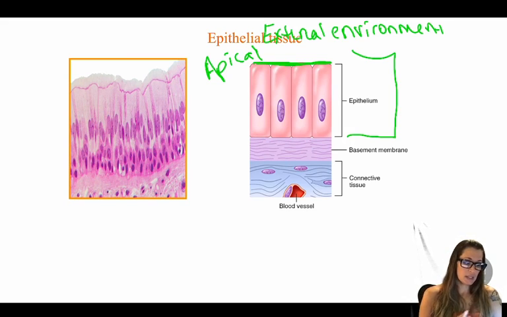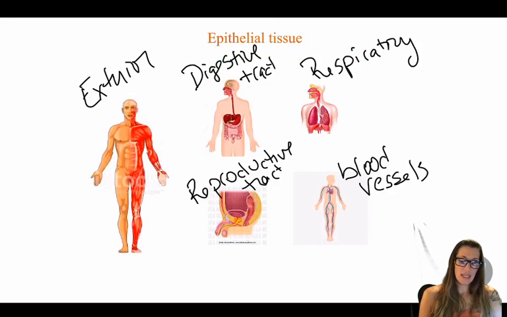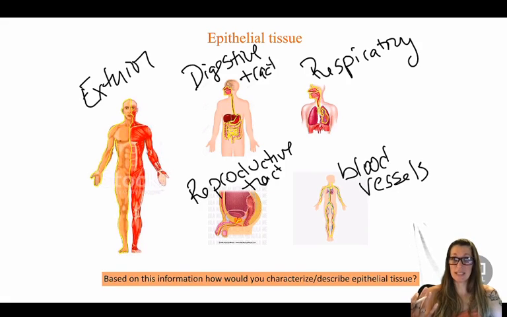But if you notice, many of these lines that I drew earlier, these systems that we're talking about, they interact with things that are coming in from the outside world. So they may not directly be facing the outside world like skin, but they are separating our internal environment from the external environment. The digestive tract brings in food and water from the external environment.